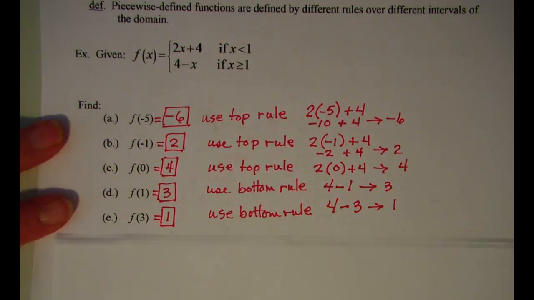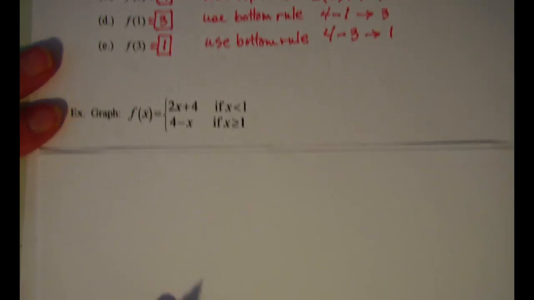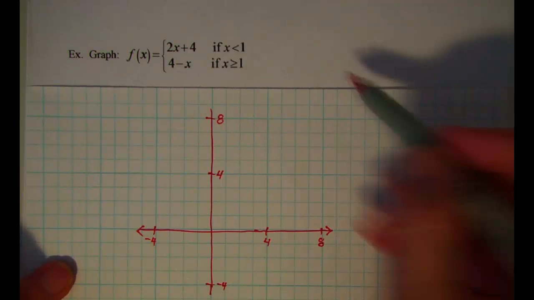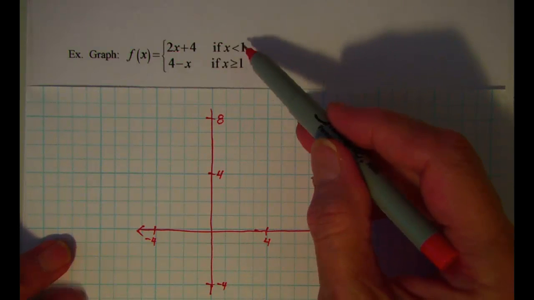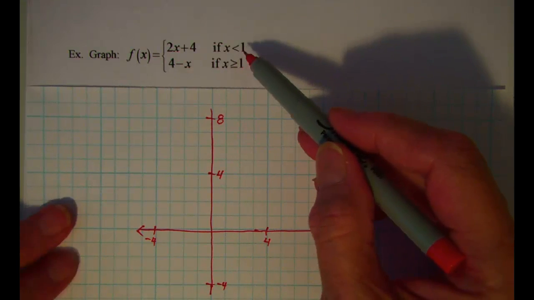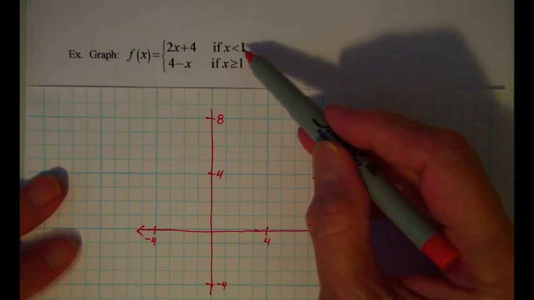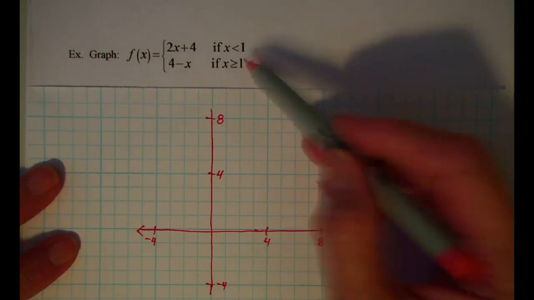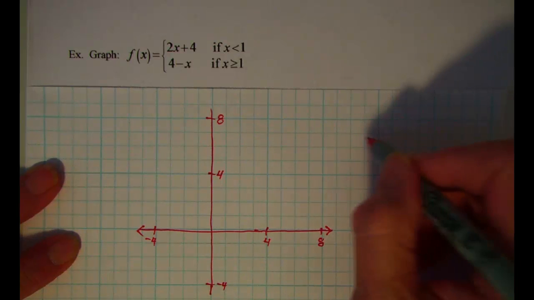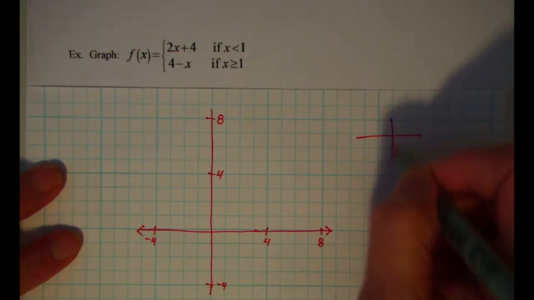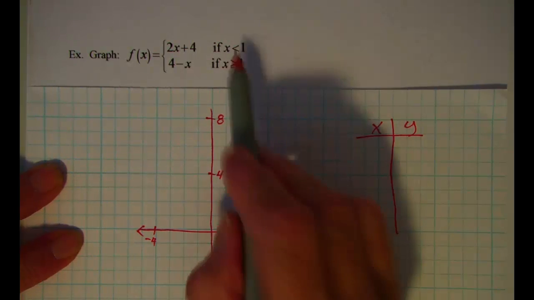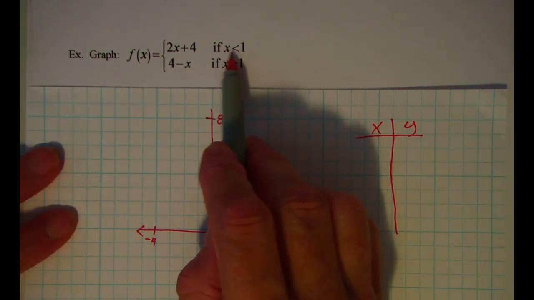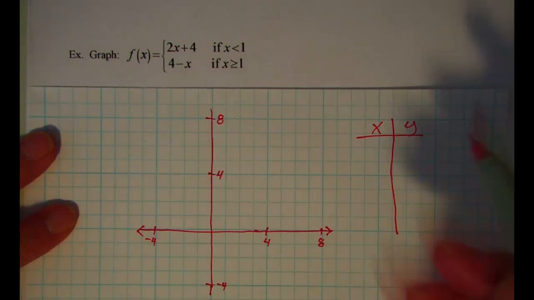We can also graph piecewise defined functions. What we have to keep in mind is this barrier that we change rules on the left side of 1 and on the right side of 1. So I'm going to set up a t-chart, and I'm going to pick a few numbers to the left of 1.